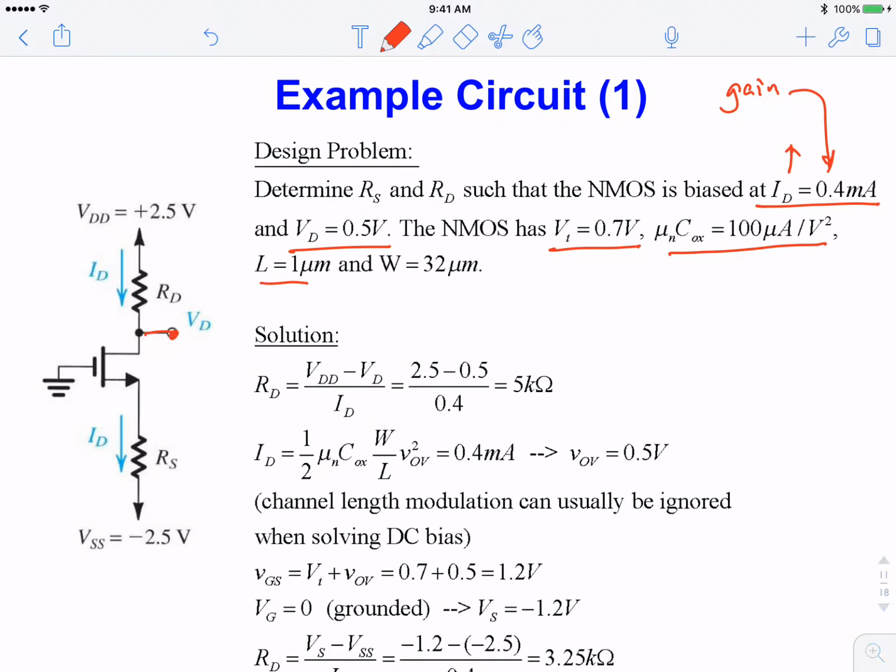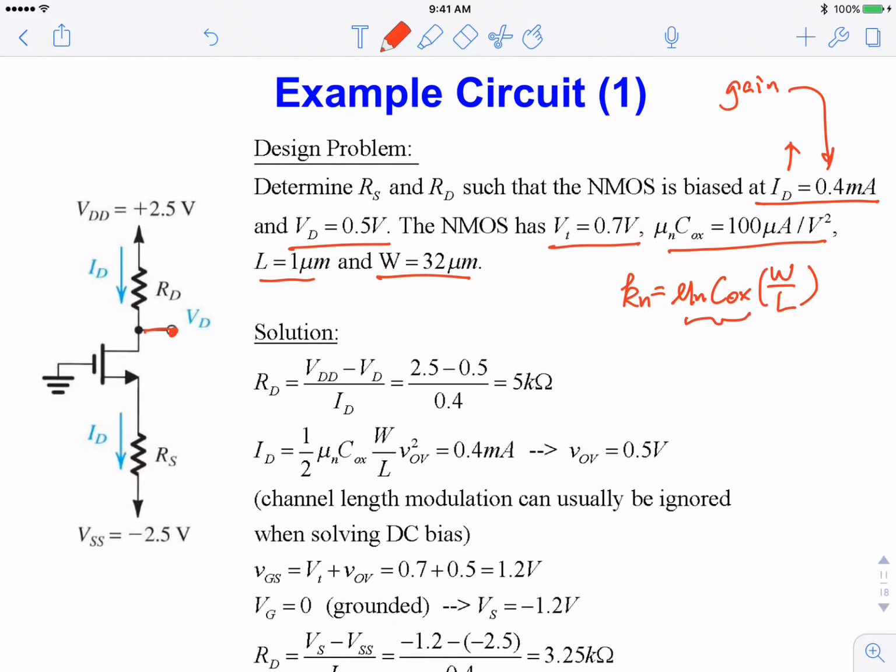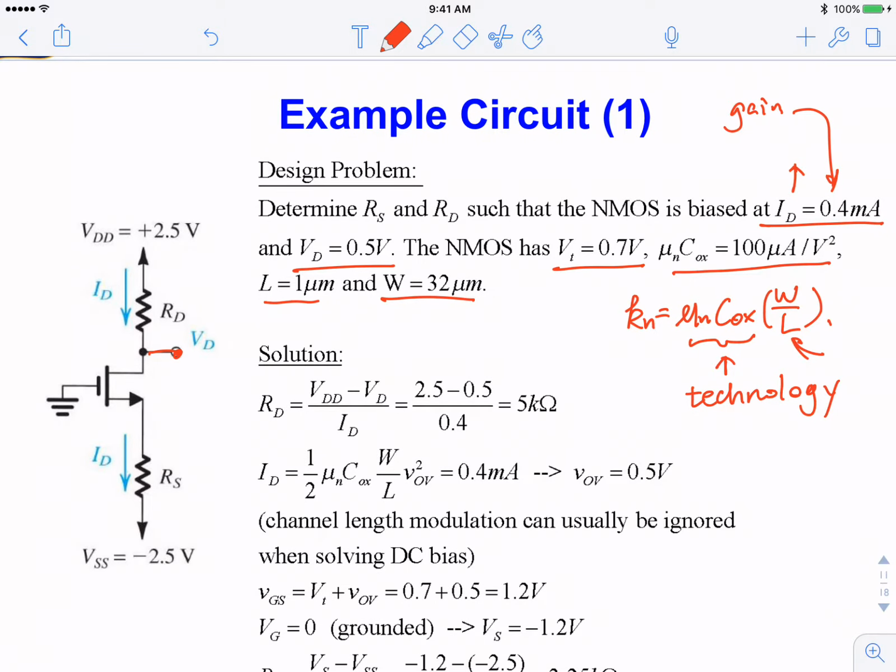And the aspect ratio, the length and width, are designable parameters. So we say Kn is mu-n Cox times W over L. In reality, these come from your technology. This is what the foundry will give you. This is dimension. Dimension is design. So this you have control over.